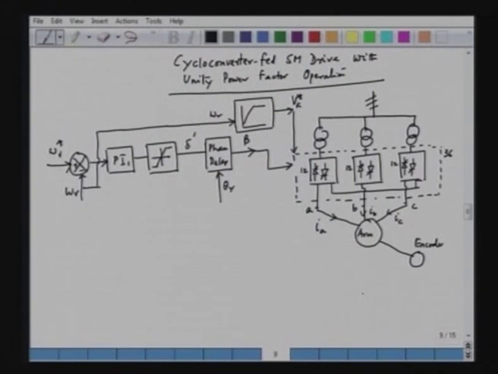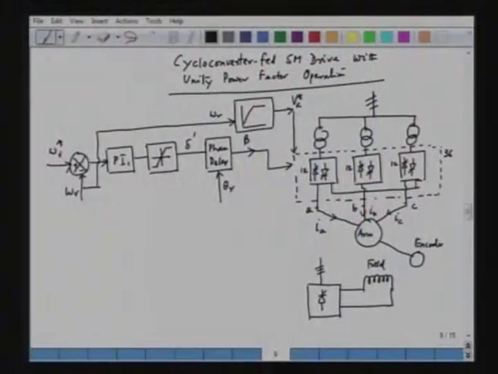Now, if we see the field winding, it is excited by means of a separate converter. So, this is our field winding, and we use a converter for energizing the field winding. So, we have again a 3 phase converter, and this is the field winding which is fed from the 6 pulse 3 phase converter, and we control the field winding in accordance with the equation that we have already derived.